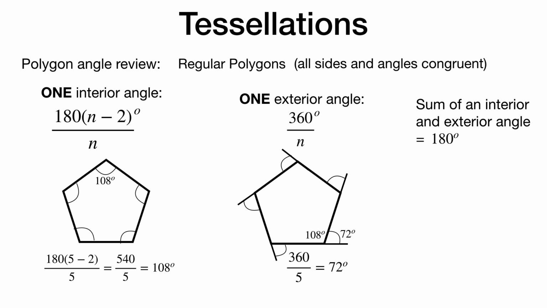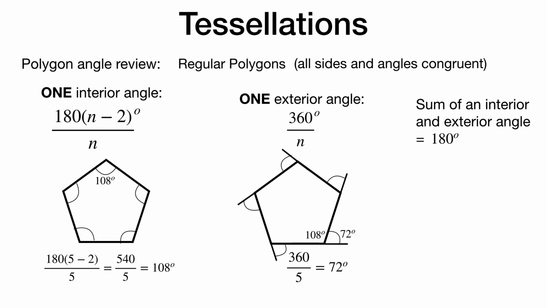So instead of using the interior angle formula, which is slightly complex, 180(n minus 2) over n, I could have done something simpler: 360 over n to get the 72 degrees, and then remember that 72 plus my interior angle would be 180, and solve it that way. It's another way to get an interior angle or an exterior angle, using just that exterior angle thing, which is a little bit easier.